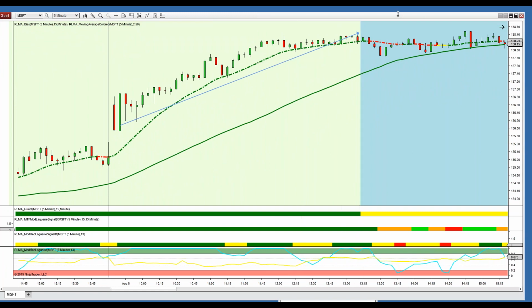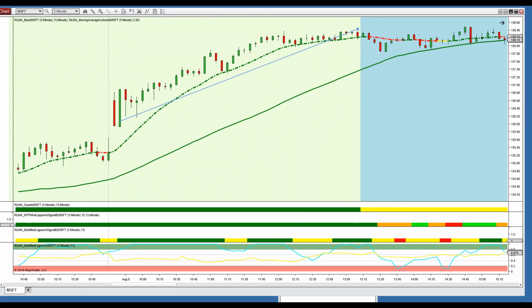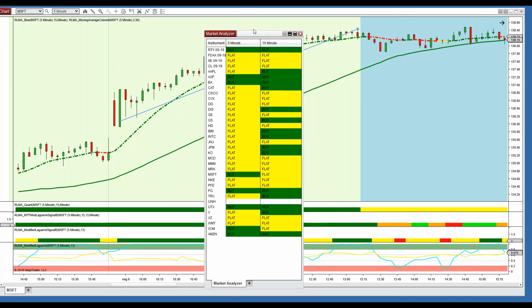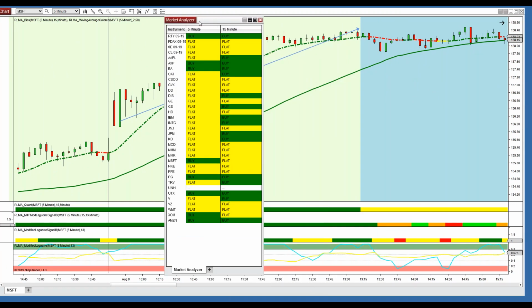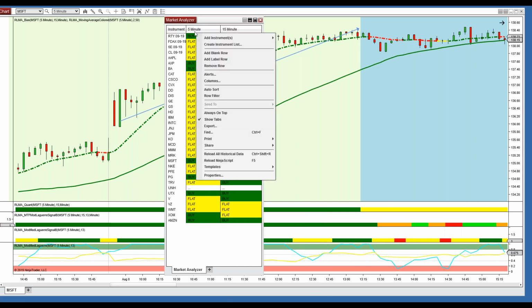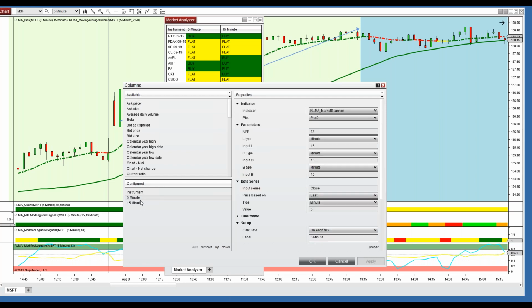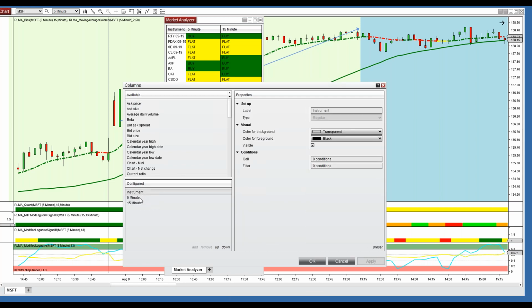it's going to come accompanied with a video on how to configure different time frames. They're really easy. I'm not going to go through it here, but it's very, very simple. You just go to columns, and you can go to a 5-minute, 10-minute, or if you go to instrument, you can add a new column.